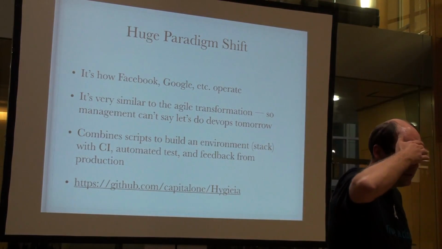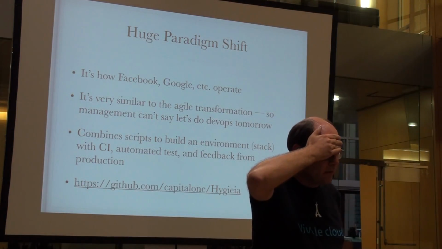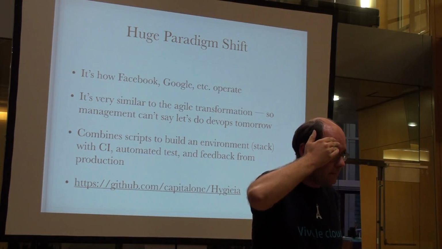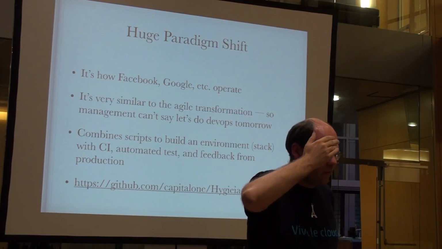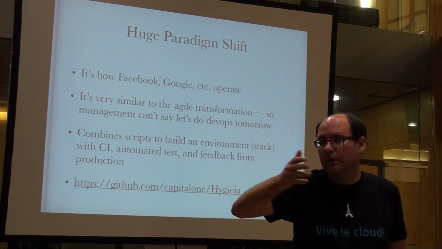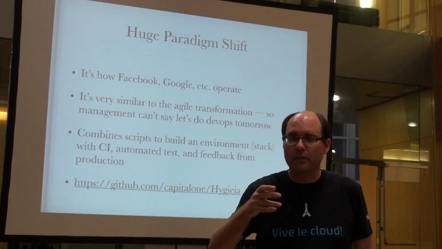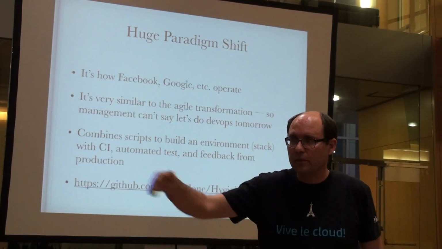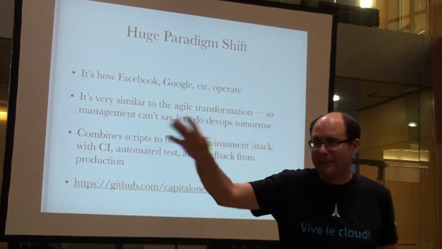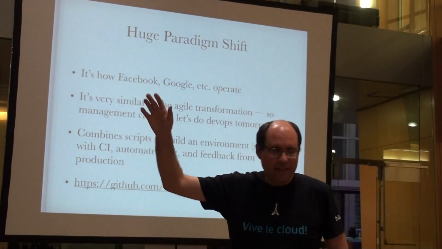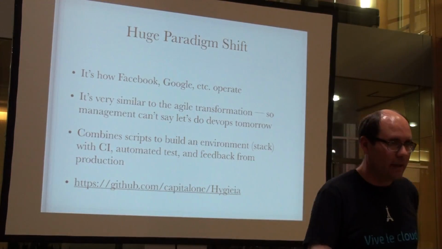I said the most important thing is that everything is automated, and you basically have scripts to build an environment. So when somebody says, "Hey, give me a test environment," you can just say, "Okay, no problem." Hit a button, it goes to your OpenStack, and it builds up an environment, a stack there for them to test. Then you tear it down.